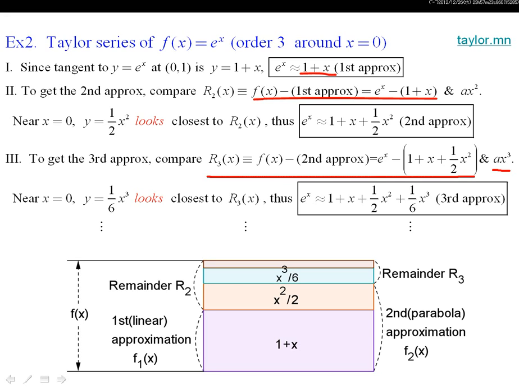So e^x is nearly equal to 1 + x + a half x squared + 1/6 x cubed. And this is the third approximation of e^x.